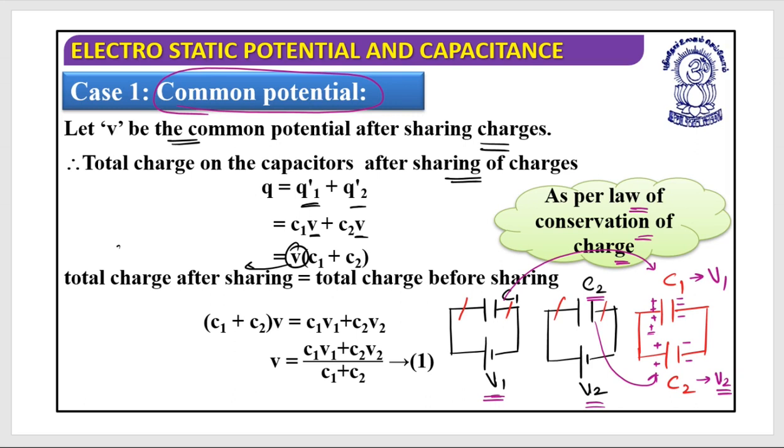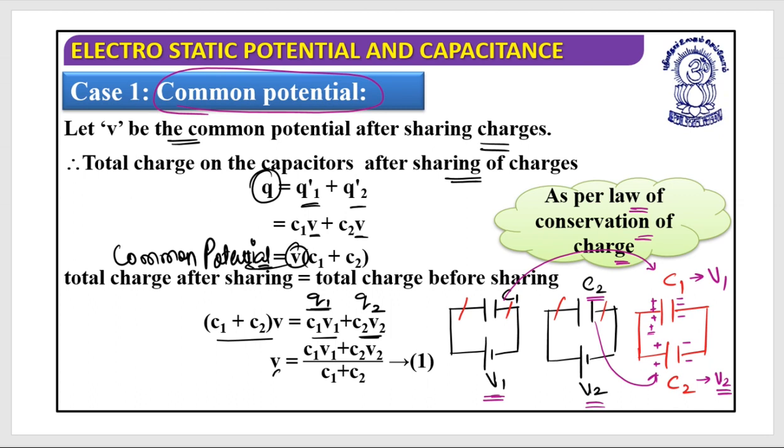So Q equals V into C1 plus C2. The initial Q was C1 V1 plus C2 V2. This is the initial situation: q1 and q2 are the charges on the capacitors before they were connected with each other.